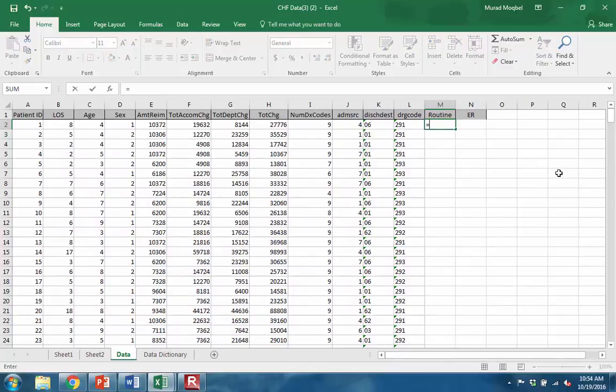We will call it routine discharge. So if the discharge was equal to 0, 1, that's basically the routine, or discharge home, routine home, then it's going to be 1, otherwise it's going to be 0. So I'll create this.